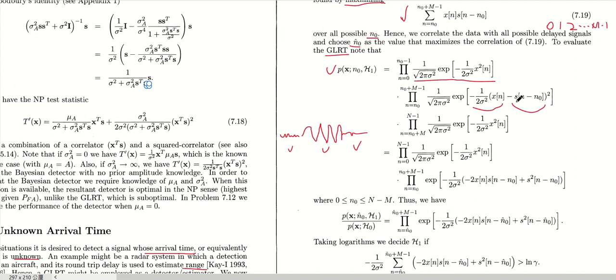The other stuff includes x and s: because of the square term, when you open it, there is a minus 2, so this is what happens here. And then s squared, that is what happens here.